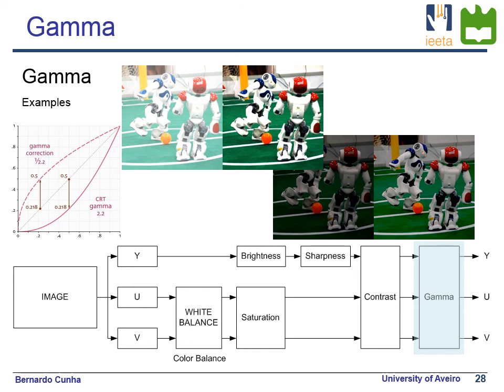And therefore you can transform, for instance, this image into this image by applying this gamma correction. So the gamma correction can be particularly important when you are interested in giving more importance to certain exposed, underexposed, or overexposed areas of the image.